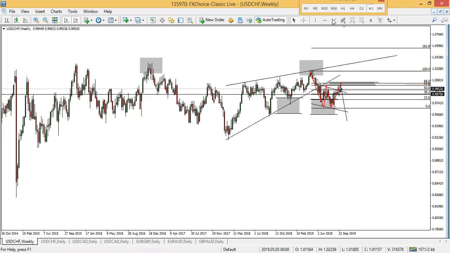So right now, this whole move, the same thing this way, we should try and see something like this, if and when this level holds. Now, everybody has a different way of confirming their trades.